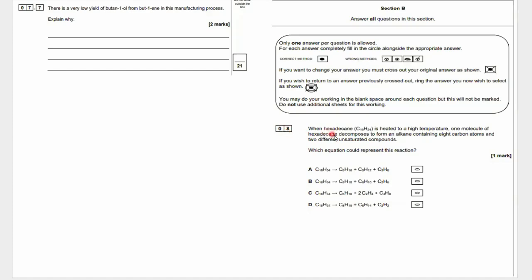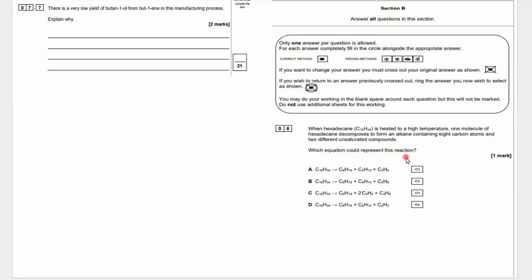Question 8. When hexadecane, C16H34, is heated to a high temperature, one molecule of hexadecane decomposes to form an alkane containing 8 carbon atoms and 2 different unsaturated compounds. Which equation could represent this reaction?